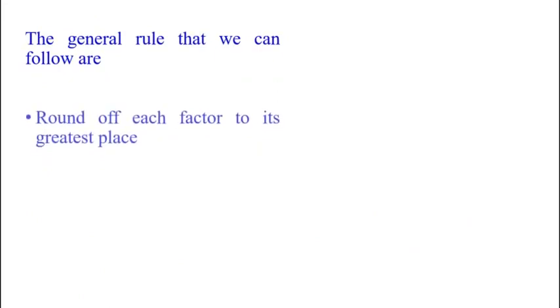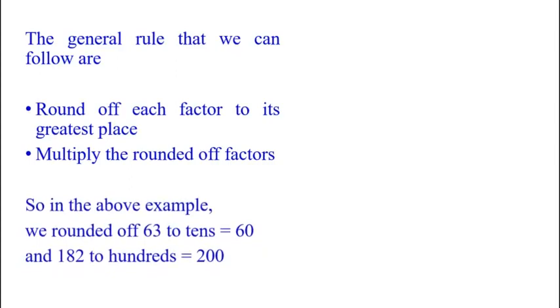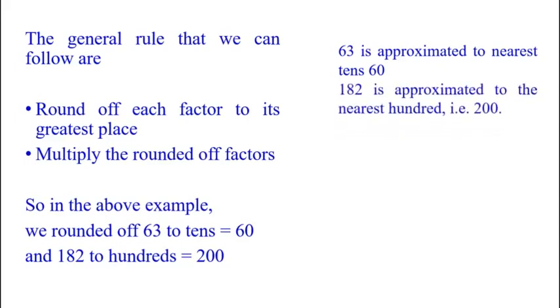So, the general rule that we can follow is: round off each factor to its greatest place. Multiply the rounded off factors. So, in the above example, we rounded off 63 to tens as 60 and 182 to hundreds as 200.